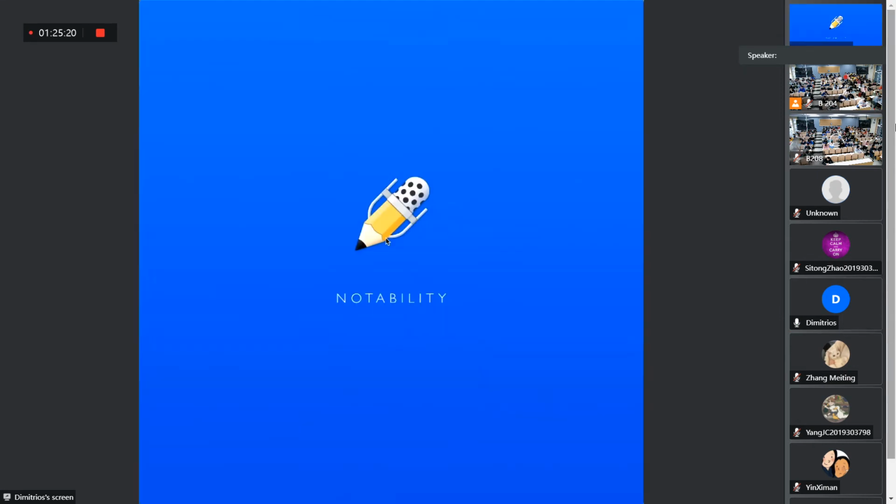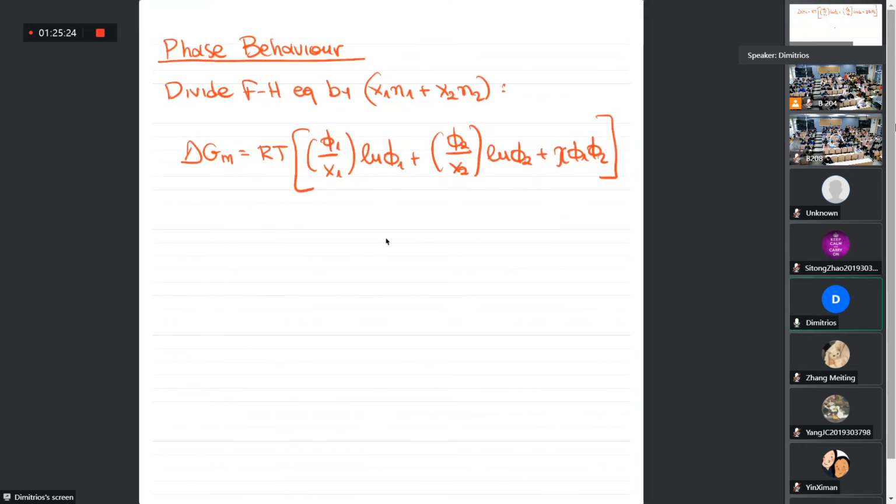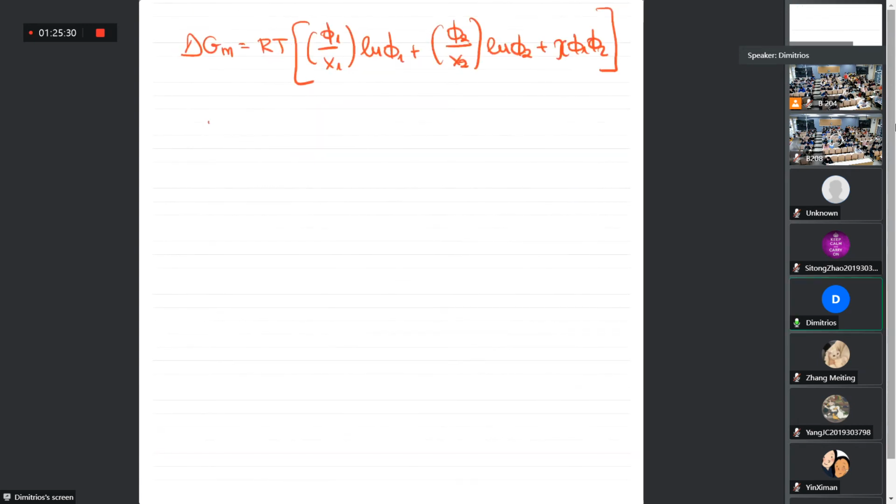So let's fabricate now our phase diagram, okay? The phase diagram for polymer blends looks like that.